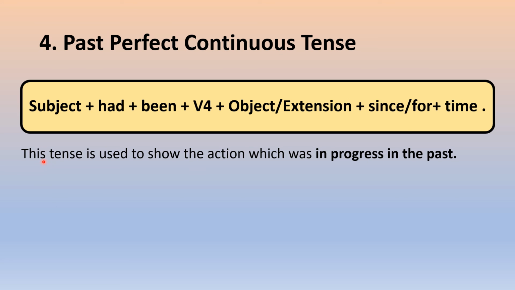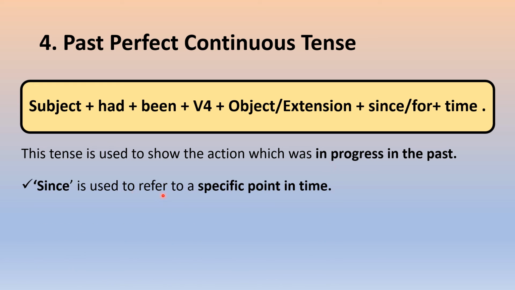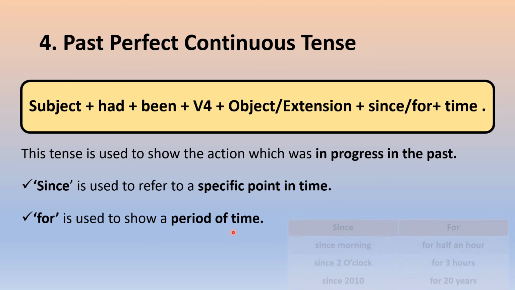Note the following point that the past perfect continuous tense is used to show the action which was in progress in the past, which still continued in the past. And we use since to refer to a specific point in time, and for is used to show a period of time.